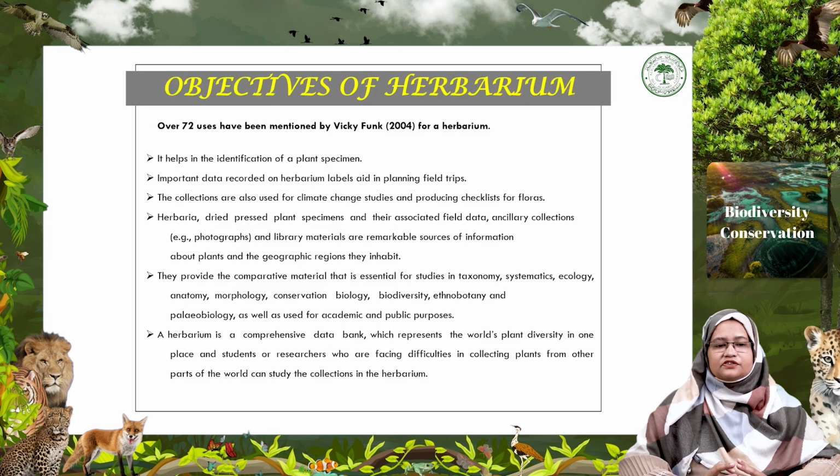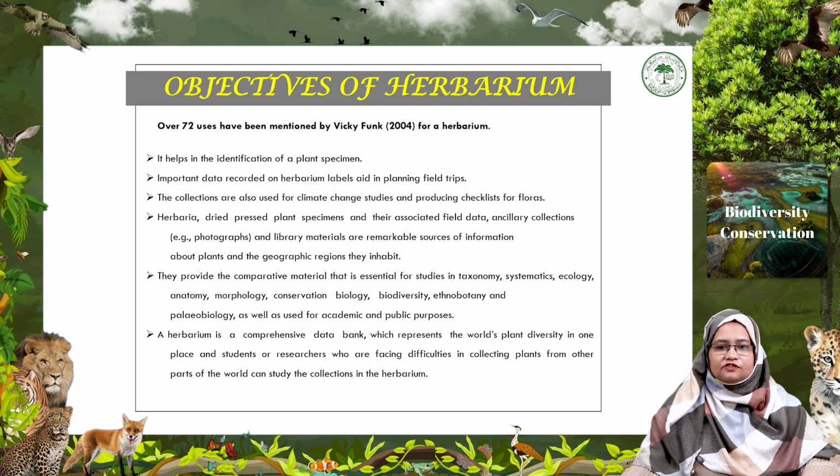Now moving towards the objectives of herbarium preparation. Over 72 uses have been mentioned by Wikifunk for a herbarium. Here some are listed: it helps in the identification of a plant specimen, is important for data recorded on herbarium labels, and aids in planning field trips.